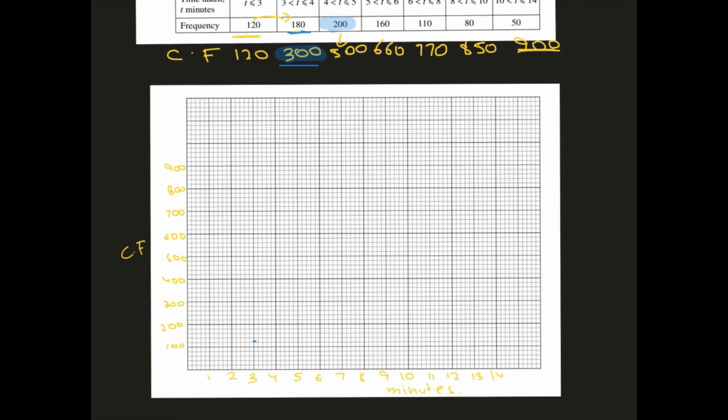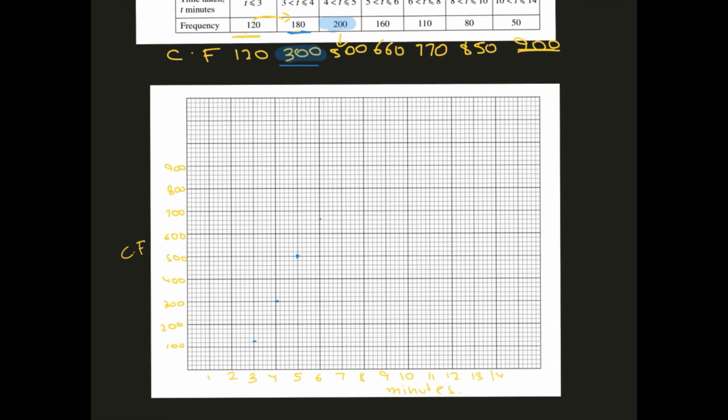So we will plot 300 at 4, and then for t less than or equal to 5, we have 500. So we'll plot it over here, and then for t less than 6, we have 660. So 620, 640, 660.